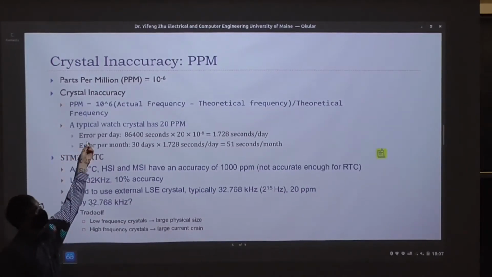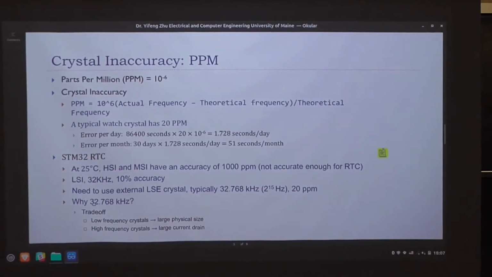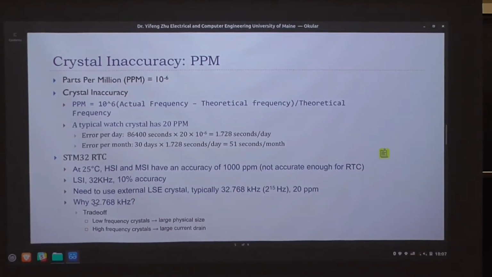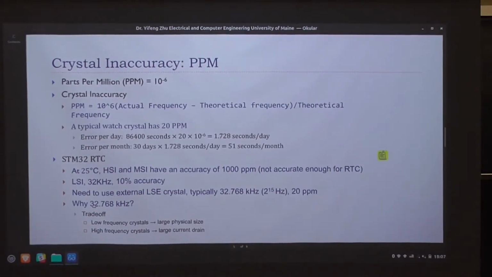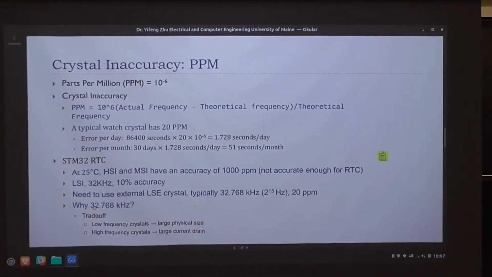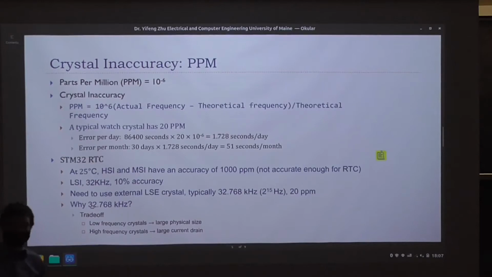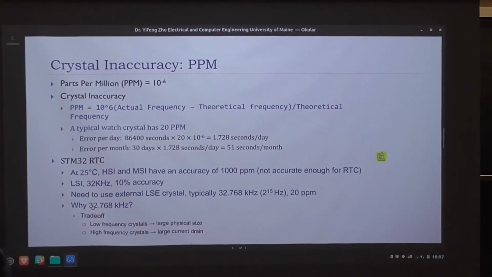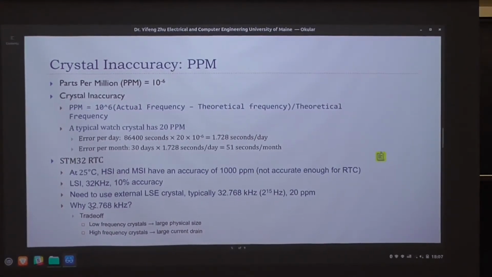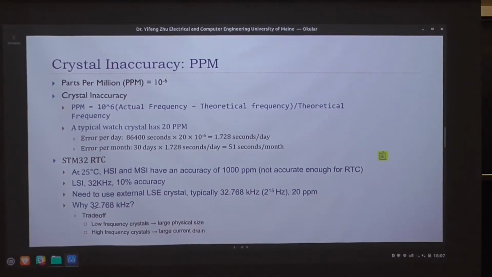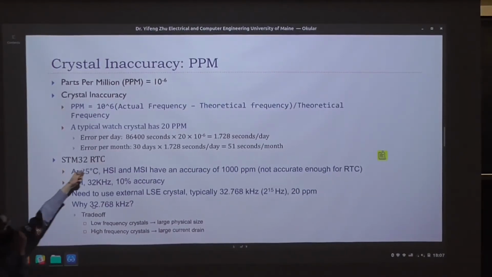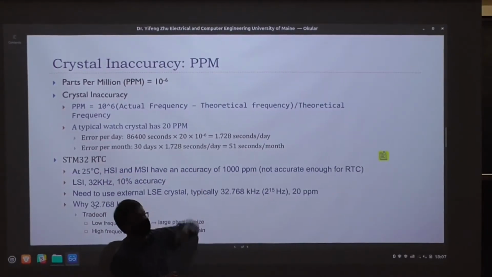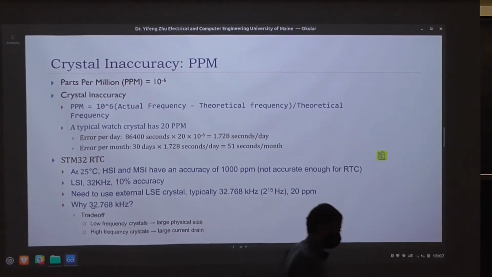When you have a time-dedicated device like a watch, the typical parts per million on the oscillators they use for those is 20. So for every million cycles, you'll have a plus or minus range of 20, right? This equates to approximately 1.7 seconds per day.